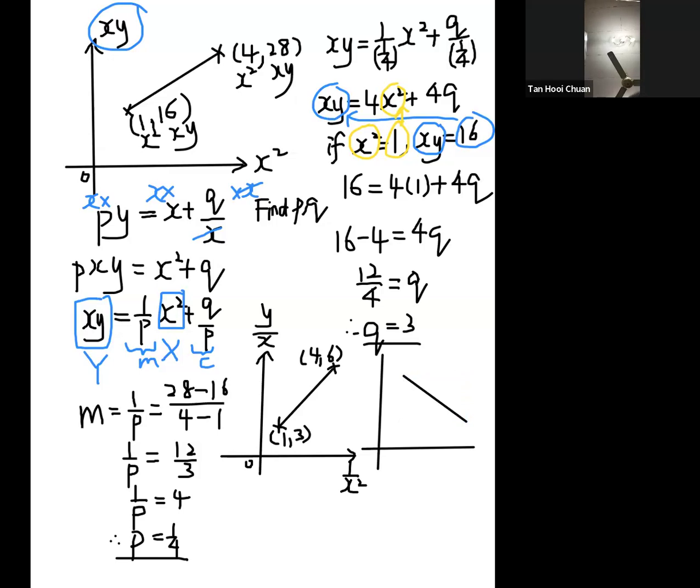The equation for this one is... there's the first one. Of course, you need to find P and Q. Okay, this is the first question.